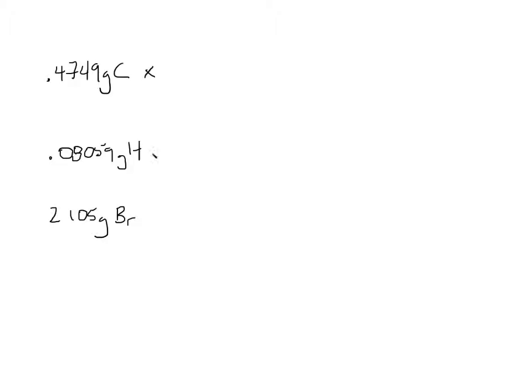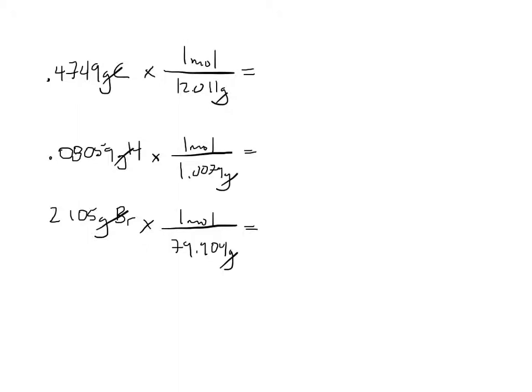We start with our grams, convert to moles, divide by the smallest, and get our ratio that way. So we write down our three known masses and convert all three into moles. That's a pretty straightforward conversion. Just make sure that you use more than one sig fig from your periodic table.